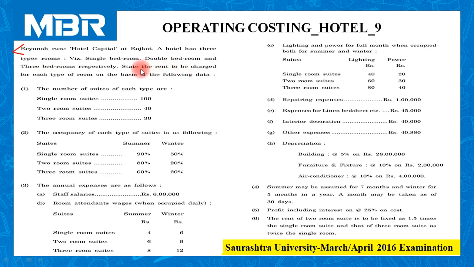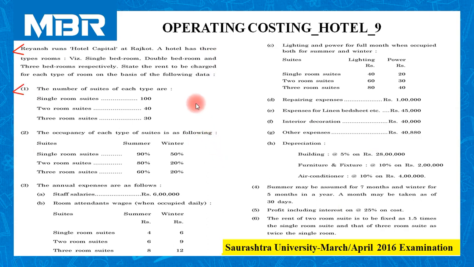In this question, it is clearly mentioned by the examiner that we need to calculate the rent to be charged for each type of room on the basis of the given information. The examiner has provided all the information in detail.